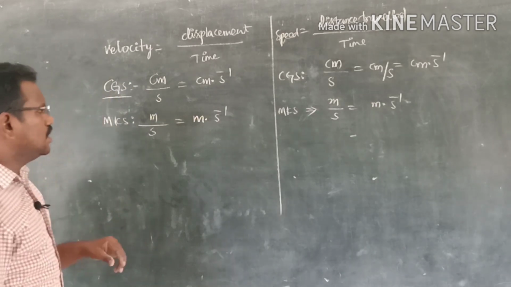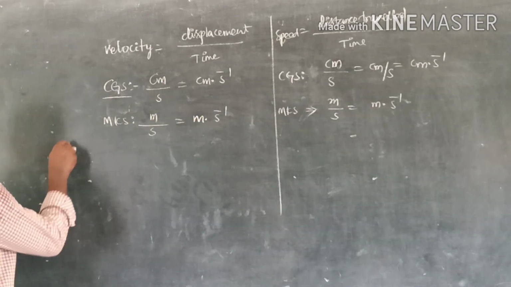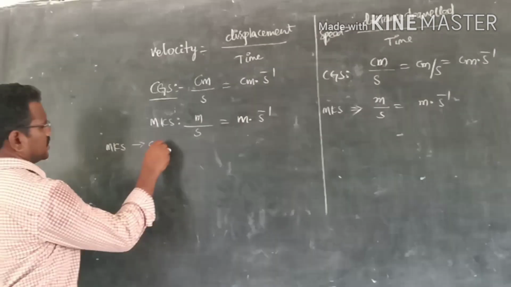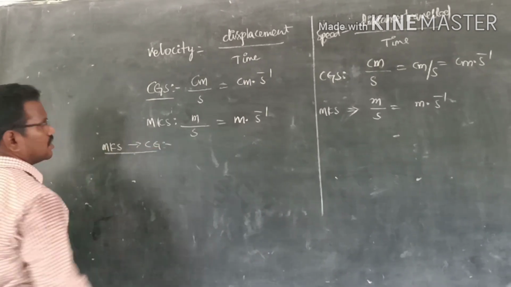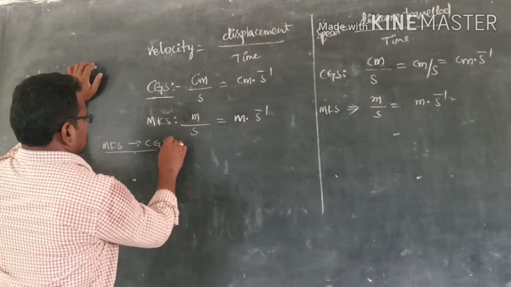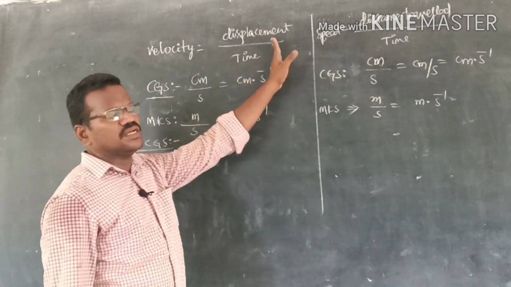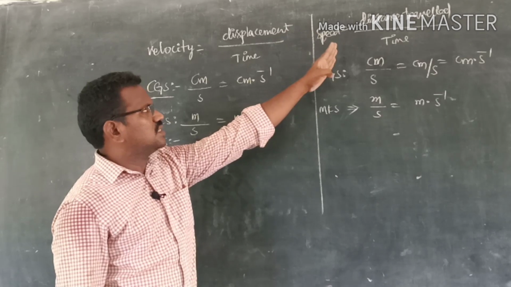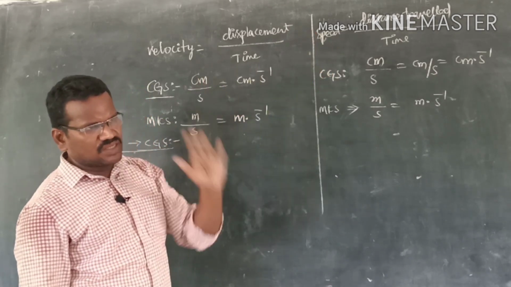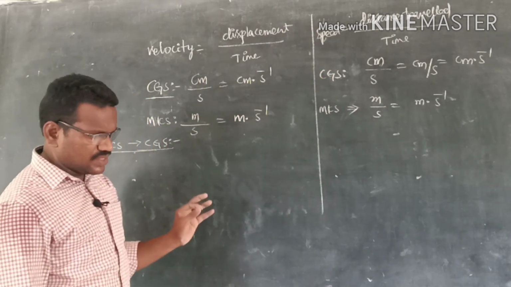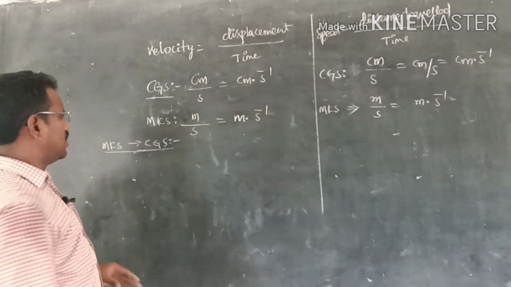Now let us write the relation between MKS and CGS. It is common for both velocity and speed. The difference is that velocity is a vector quantity and speed is a scalar quantity. That is the only main difference. As per magnitude, both of them are the same.